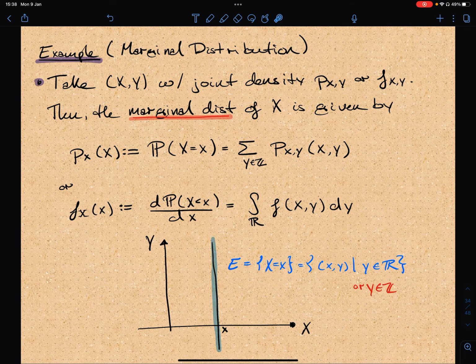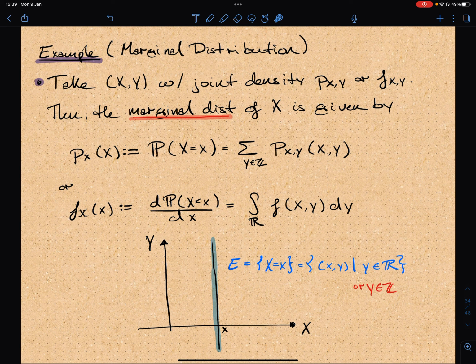So in here, the region is that you fix x, and E is going to be this vertical line, and this is the summation in the discrete case. And in the continuous case, again, you have a probability density, and I'm abusing notation for the one that is identical to the probability distribution and density for one random variable, because it is the probability density for one random variable.